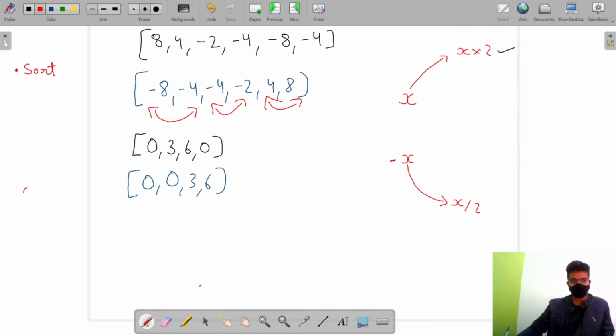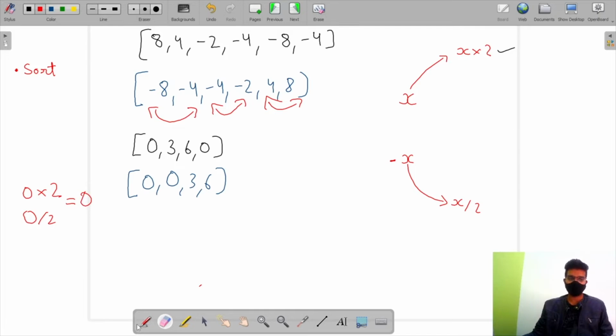Because if you got a 0, whether you multiply it by 2 or divide it by 2, ultimately you are going to get the same answer, that is 0. So for 0, the pair will be 0. Here for 0, I will look whether a 0 exists or not. Yes, a 0 exists, so I can pair both of them. And here it's a positive value, so I will multiply it by 2. Yes, 6 also exists, so I can pair them.